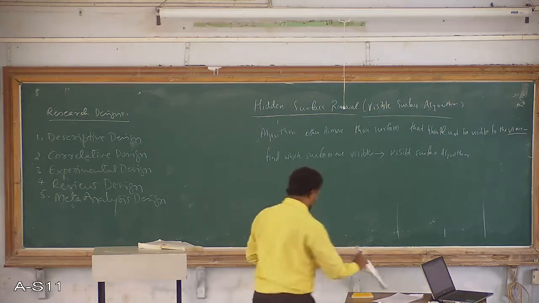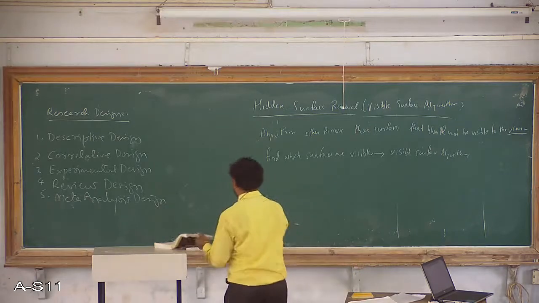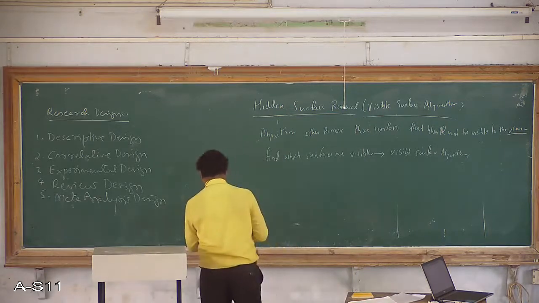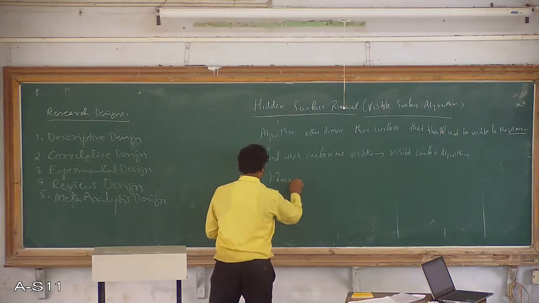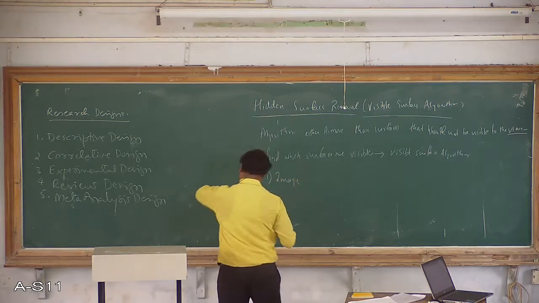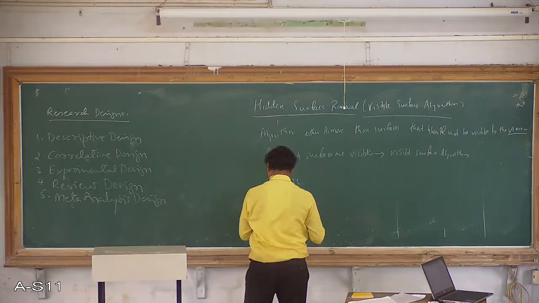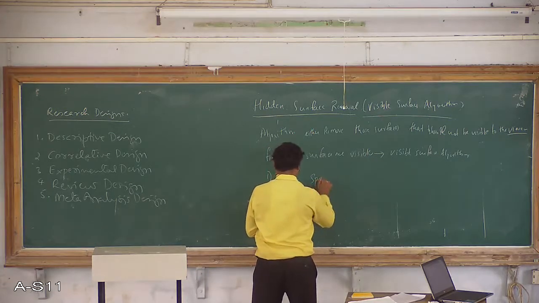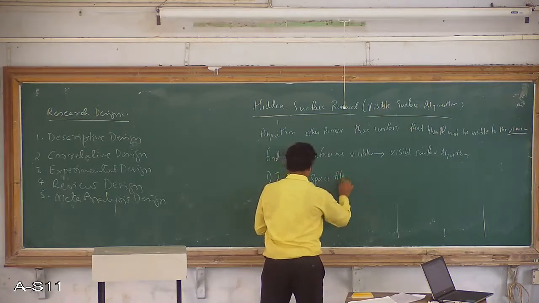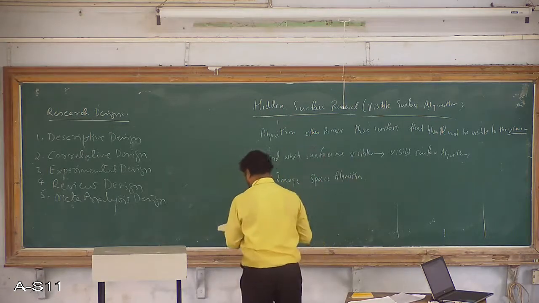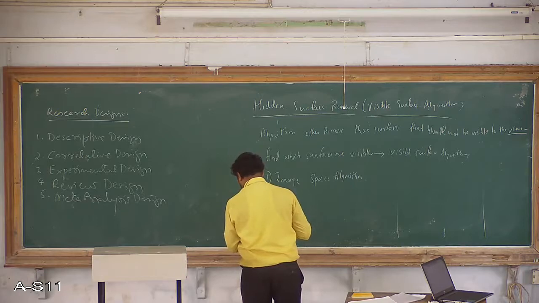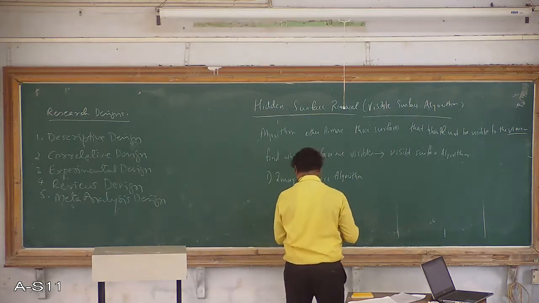There are again two kinds in this kind of algorithm. One type is the image space algorithm, and one more is going to make use of the Z buffer. First is the image space algorithm.